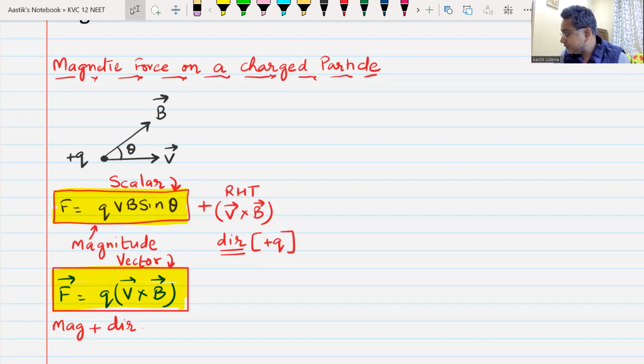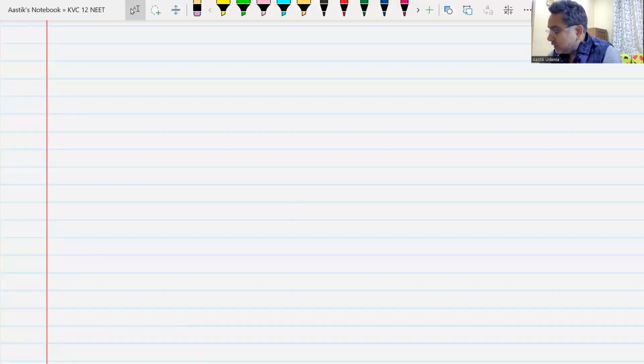Let us see some examples where we find out the magnetic force. So this is the first question that I am going to give you. I'll give that in vector form. So this is question number 1.